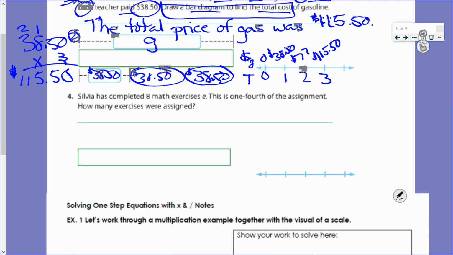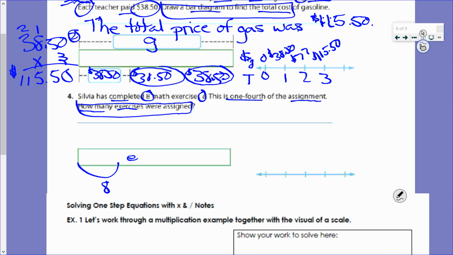Our next one, Sylvia has completed 8 math exercises, E. This is 1/4 of the assignment. How many exercises were assigned? There's our question. So much as we just did, I've got a total number of exercises, E. And each fourth of it is how many exercises? 8.